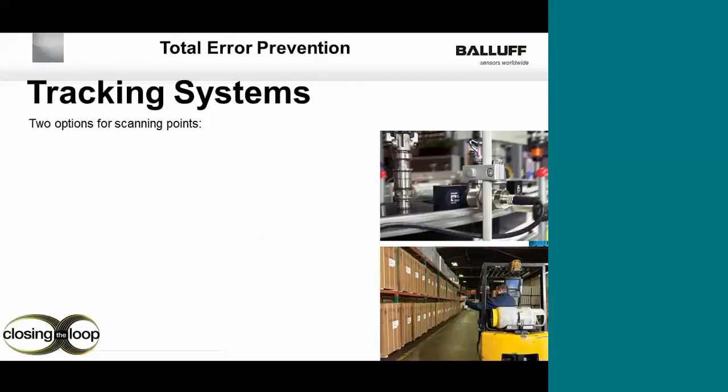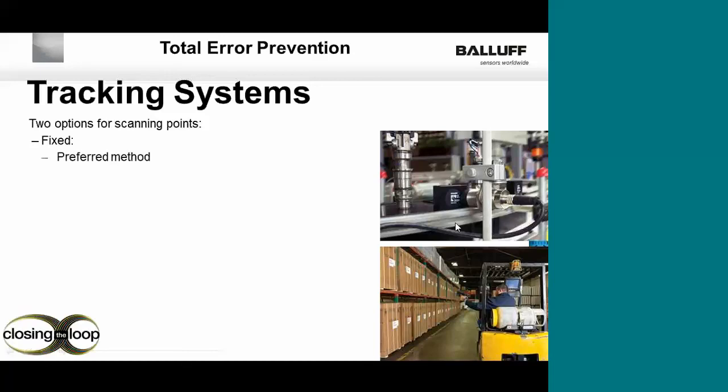So let's look at some of the tracking systems that are available. There is a fixed tracking system we see in the image in the top right-hand corner, where we have a fixed RFID read-write head and a fixed tag.